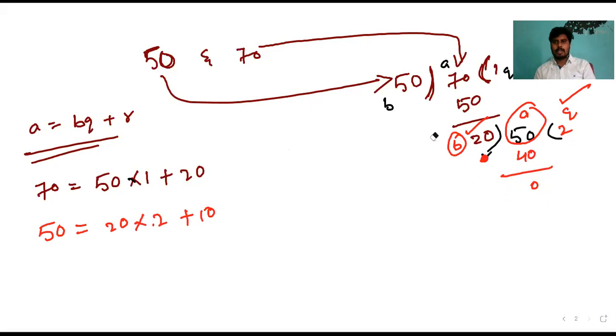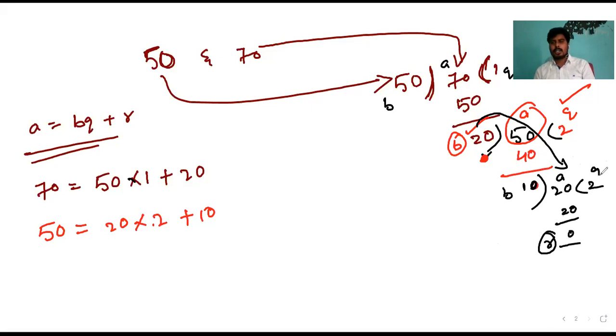Now this remainder R becomes the divisor, and take 20 as the dividend. So now this becomes B and this becomes A. 10 twos are 20, remainder you got 0. Now this is the R and this is the Q.